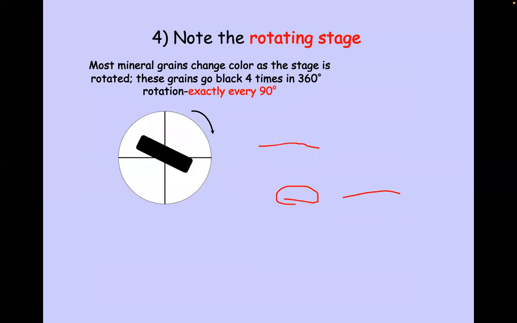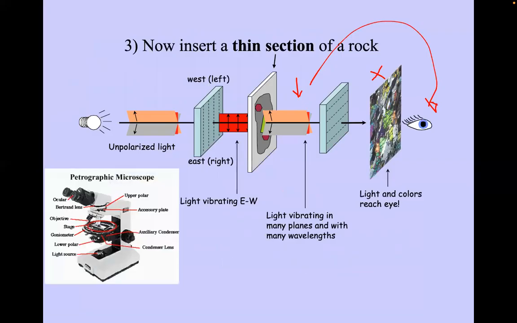Although these minerals can reorient the light, that's why you are getting a color, there are still some directions, one or two depending on the mineral, which cannot reorient the light.